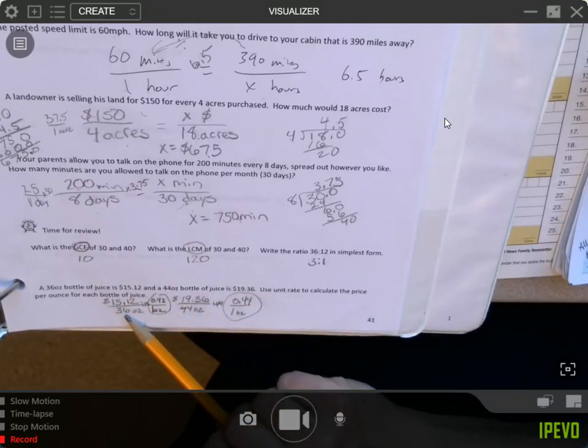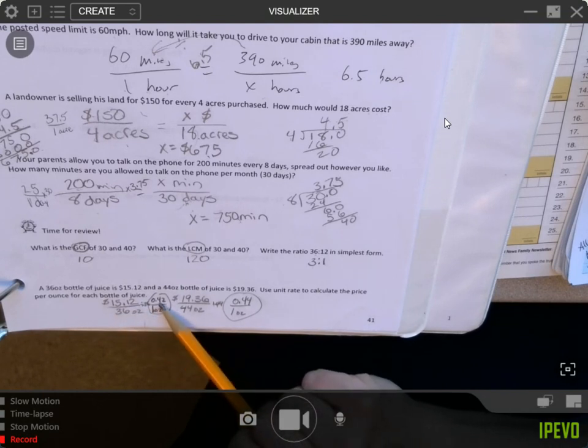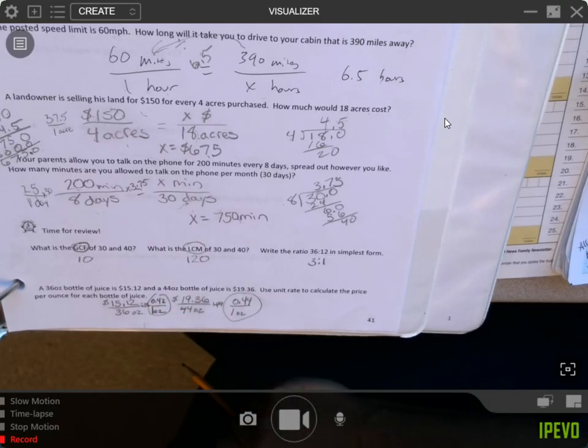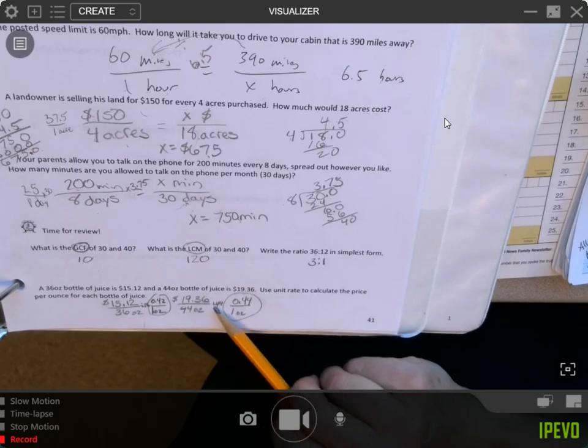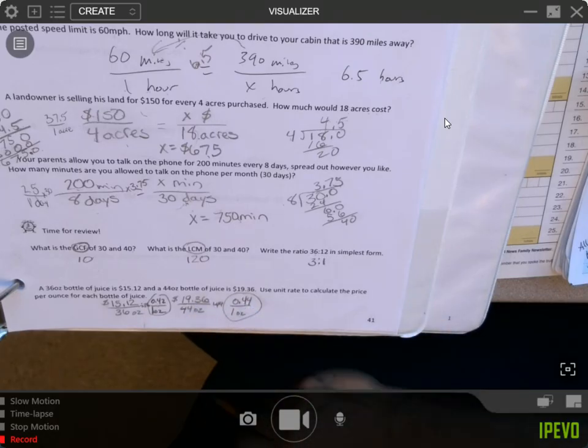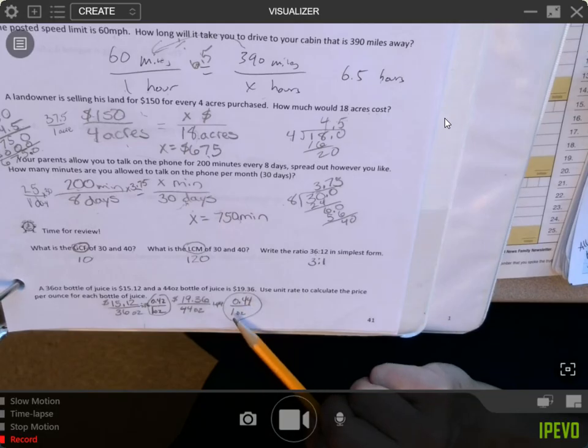To go from 36 to 1 ounce, I had to divide by 36, and I got 42 cents per ounce. For our 44 ounce, you divide it by 44, and I get 44 cents per ounce.